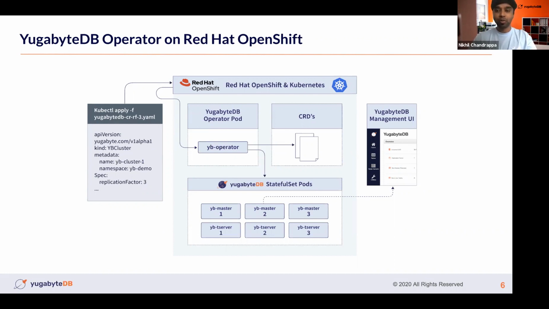On top of that, we also provide a management UI for each of the clusters that gets created, and each of them will be enabled with a load balancer. We'll just show you how all those things work in action next.